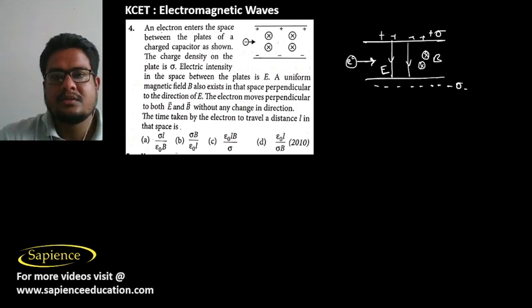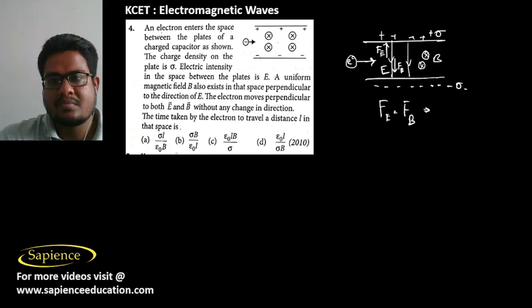So here the electric force on the electron should be equal to the magnetic force on the electron, and it should be equal and opposite. The electric force is upwards, the magnetic force, V cross B, is downwards.